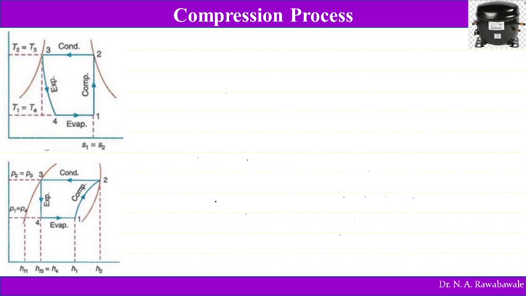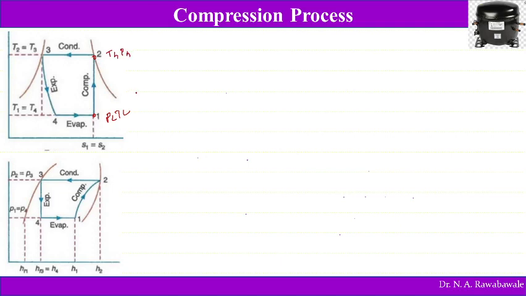Now we'll see the compression process. So what this compression process is and what is happening in it. In this compression process, the vapor refrigerant at low pressure and low temperature enters into the compressor, and gets compressed to high temperature and high pressure.